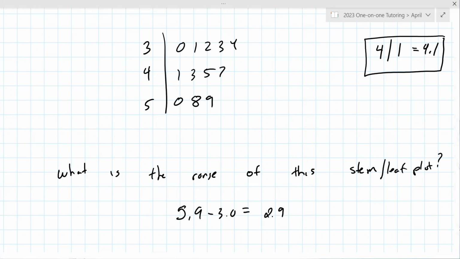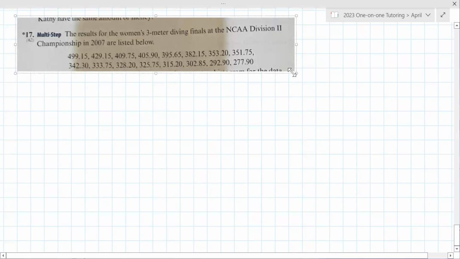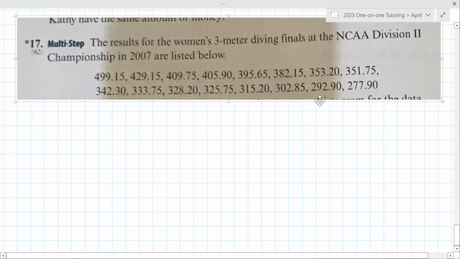Let's have you do one more range, just because this has more of a data set. I want you to scan through it here. Tell me the max and the min.